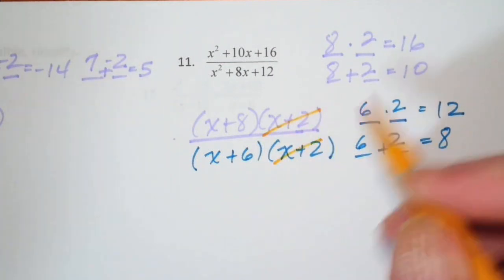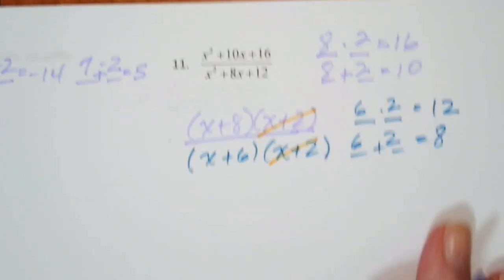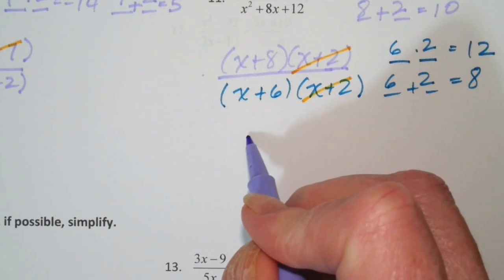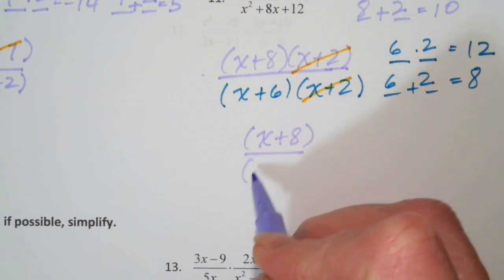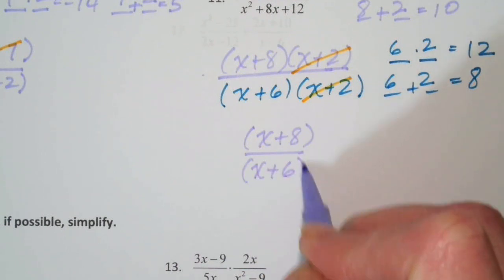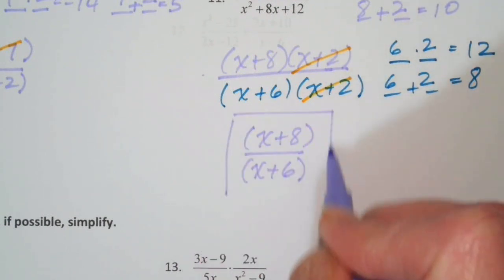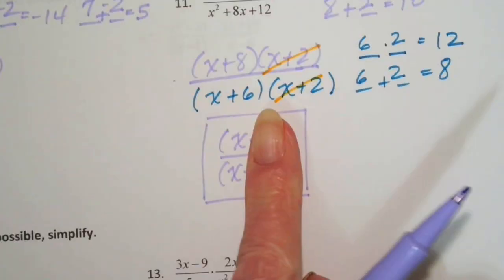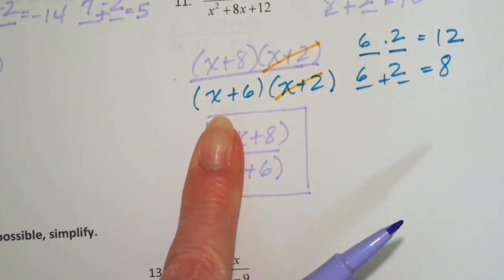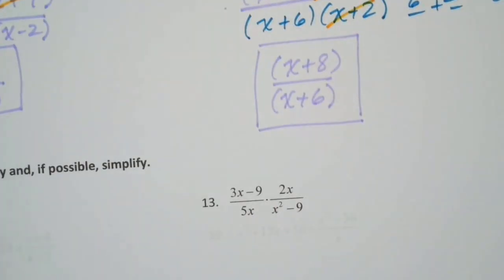I have a common factor of x plus 2, so my final answer becomes x plus 8 divided by x plus 6. And again, I leave it in parentheses to help me remember that I can't just do anything with the x's, I can't do anything with the numbers, I have to deal with the factors.